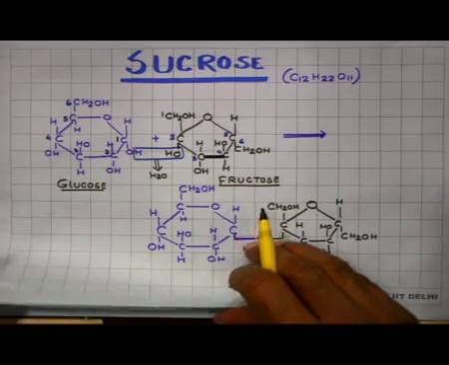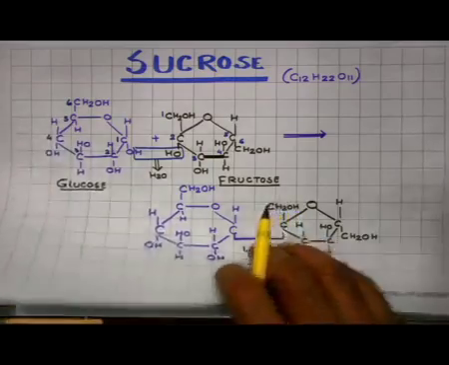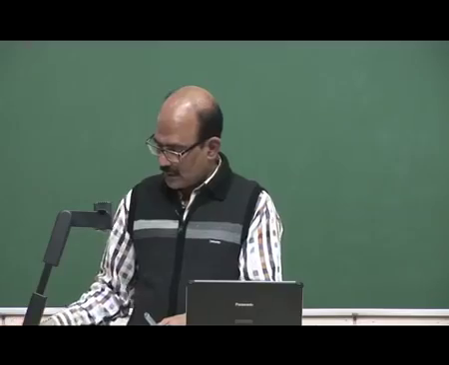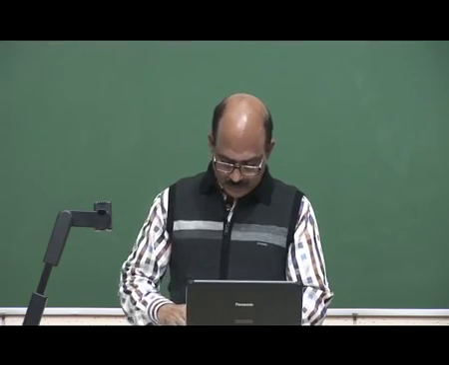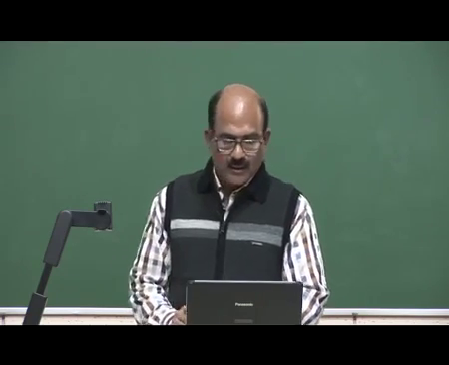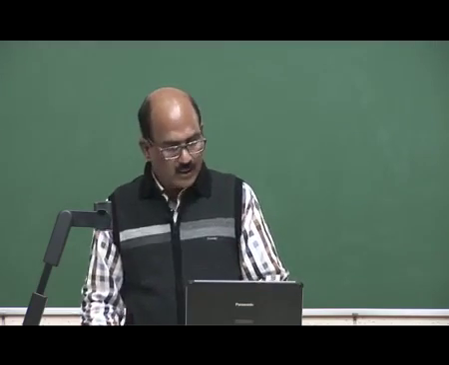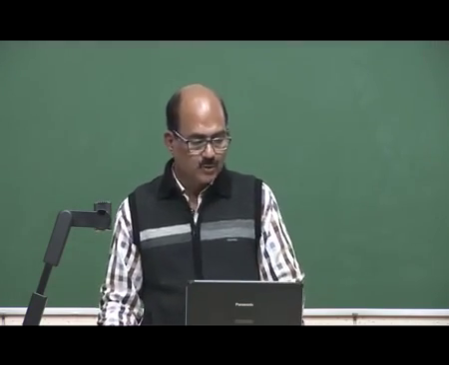So, now you all are able to write the formula of all the monosaccharides in linear form and ring form, and the structures of disaccharides like maltose, lactose and sucrose.